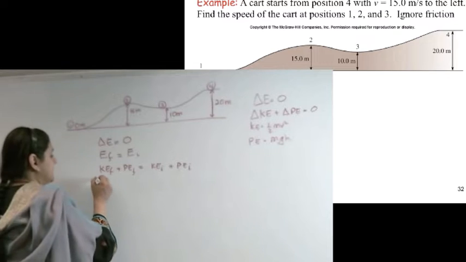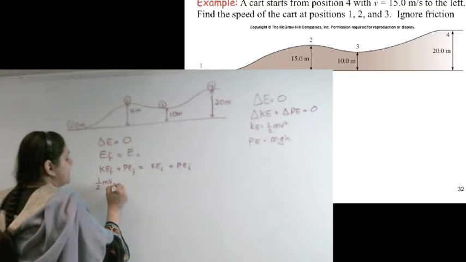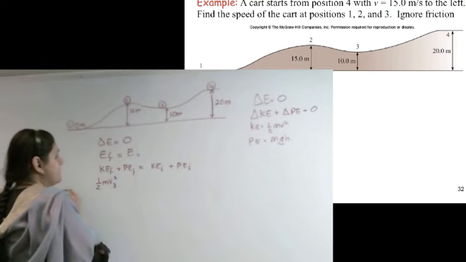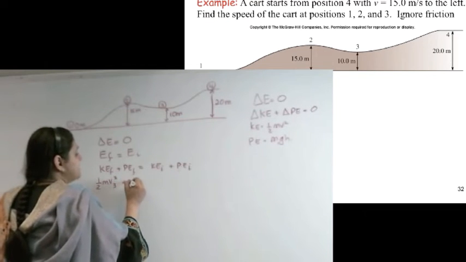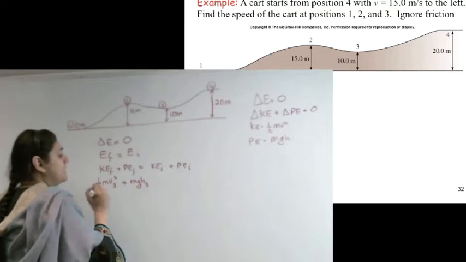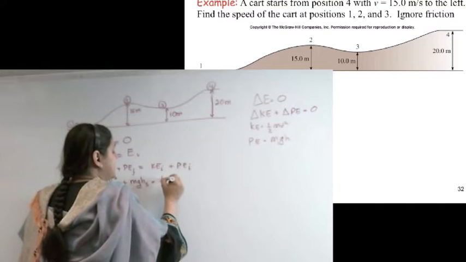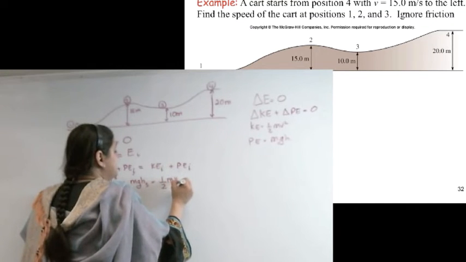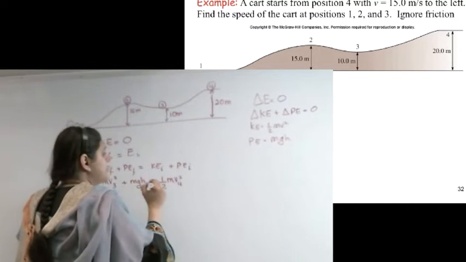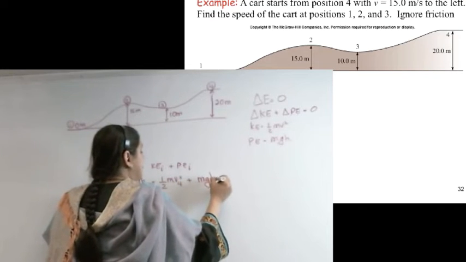It is going to be 1/2 m v3 squared plus m g h3 equals the initial, which will be 1/2 m v4 squared plus m g h4.